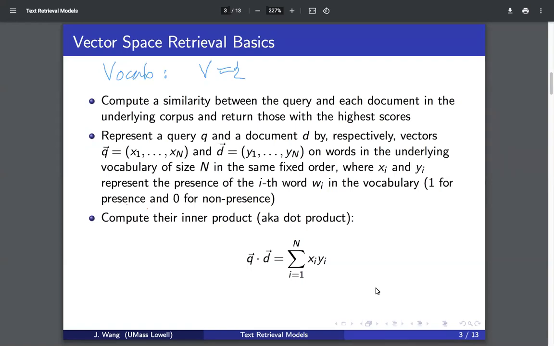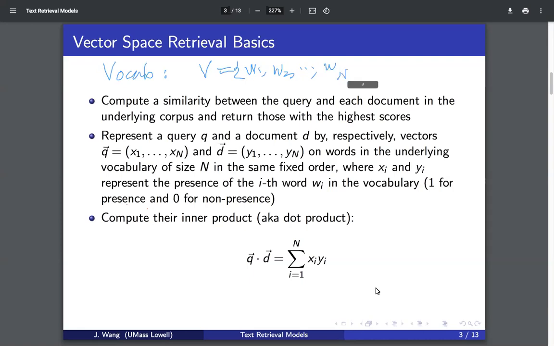So then implicitly you have an order, which means that we can treat it as a vector. This order is independent of the word appearances in a document. It's just an order for the vocab. For instance, the easiest ordering is dictionary order, or what we call lexicographical order.